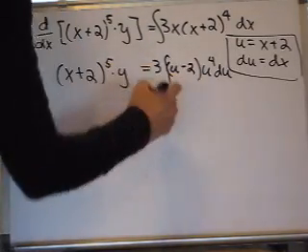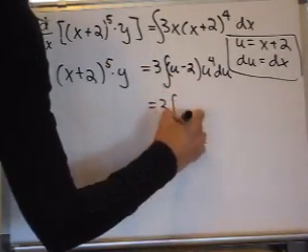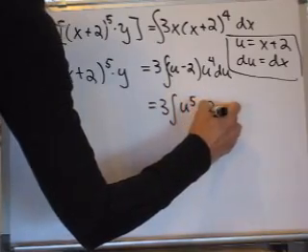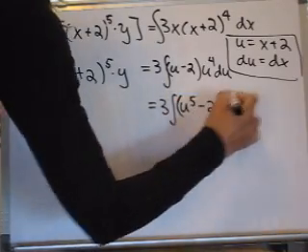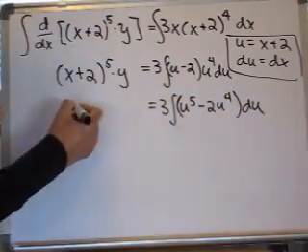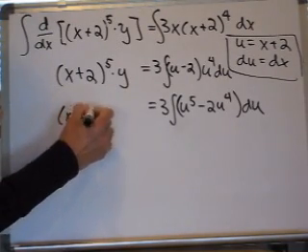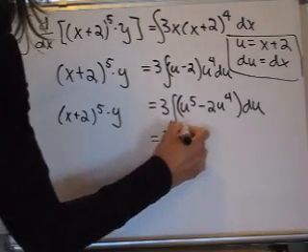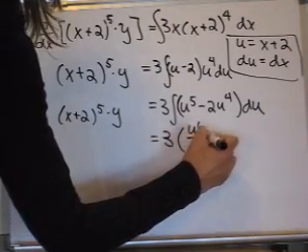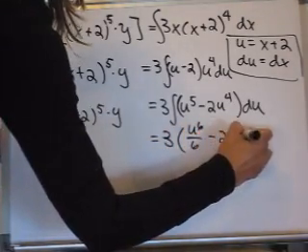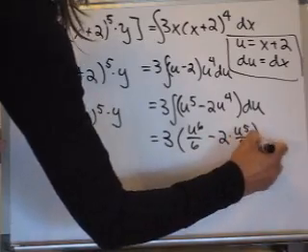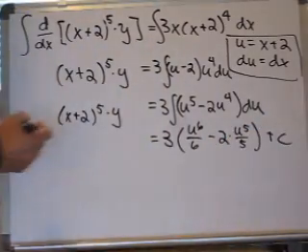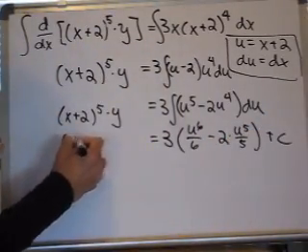And then on the right-hand side, the integral is the integral of u to the 5th minus 2u to the 4th du. And on the left, I just have x plus 2 to the 5th times y. If I do the integral on the right, I get u to the 6th over 6 minus 2 times u to the 5th over 5 plus a constant. And the left-hand side stays the same.